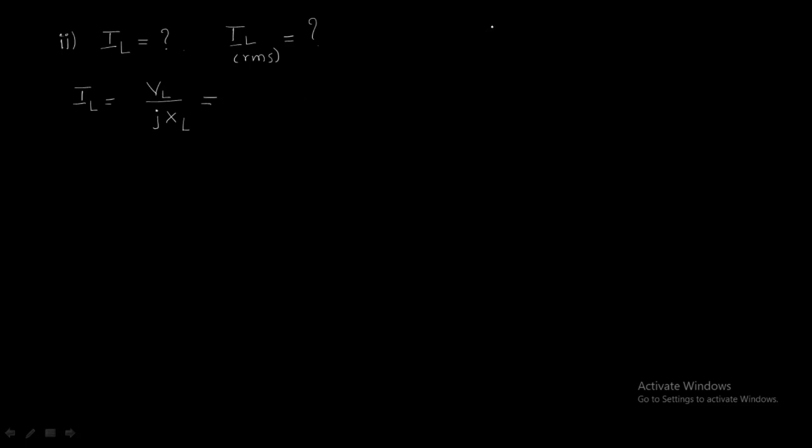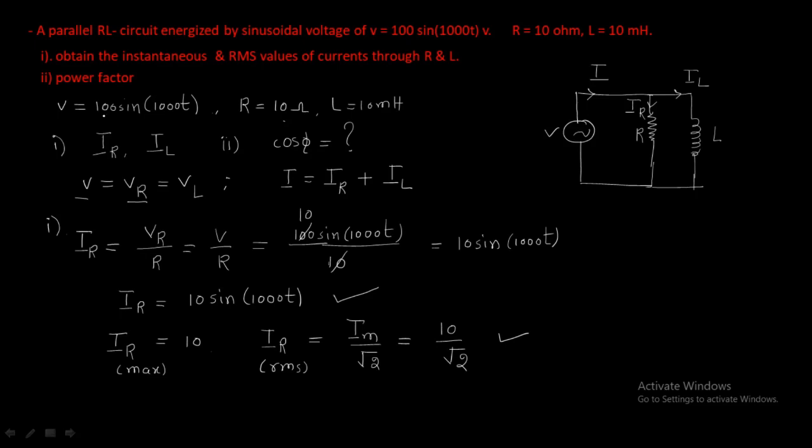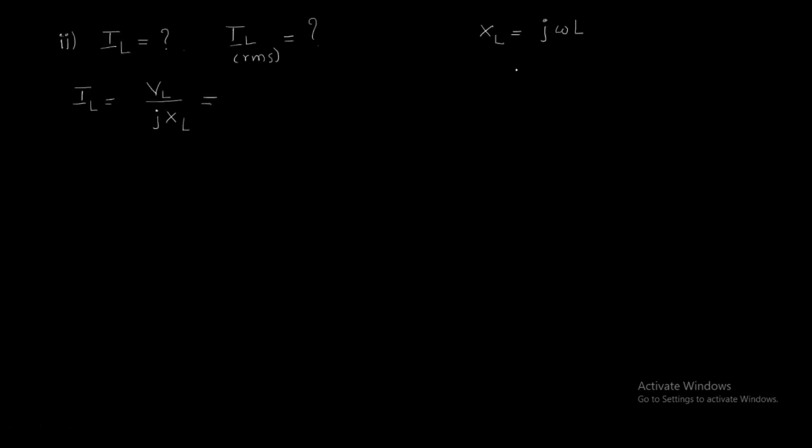What is XL? XL equals j omega L. What is the omega value? Look here, if you compare with Vm sine omega t, the omega value is 1000. So from this you write j1000.